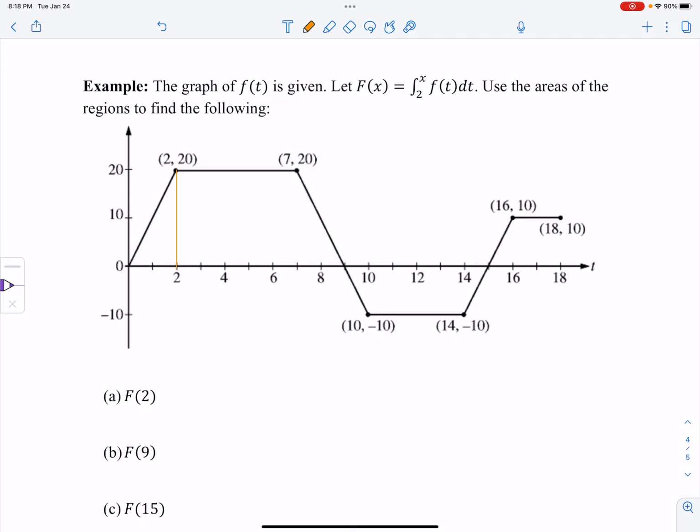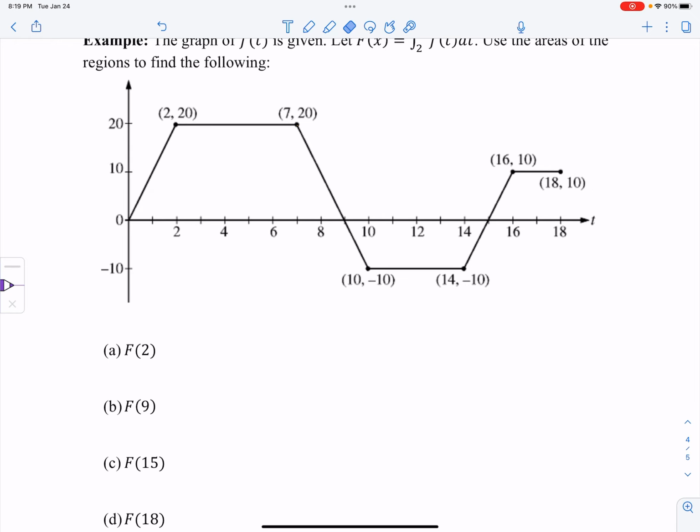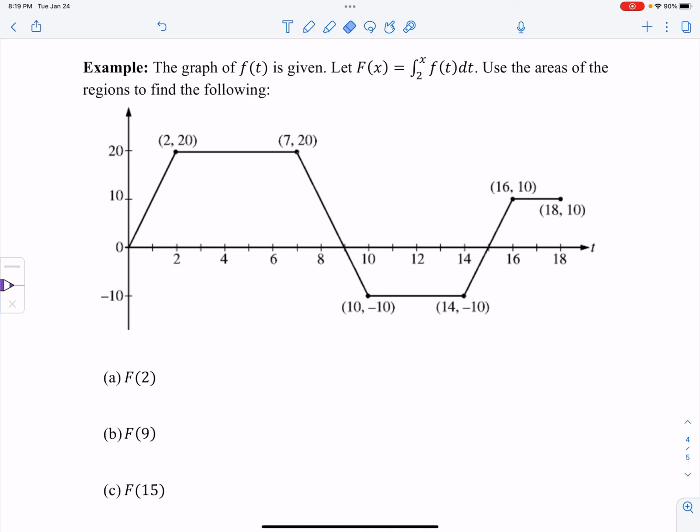When the function's positive, that represents positive area. Depending on what x is, if there's negative area in there too, you have to take into account net area. But let's use what we've been doing in previous sections to calculate area of a region.